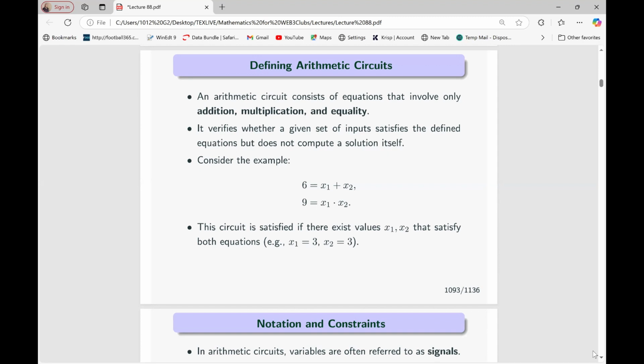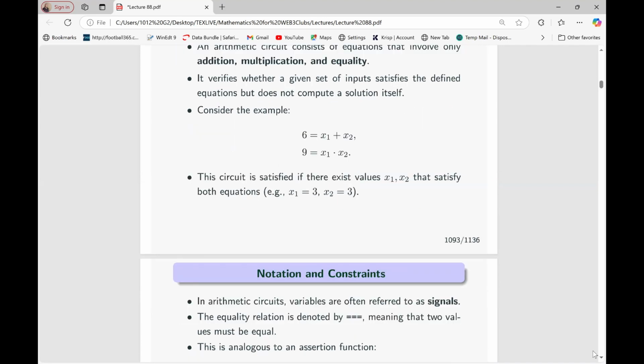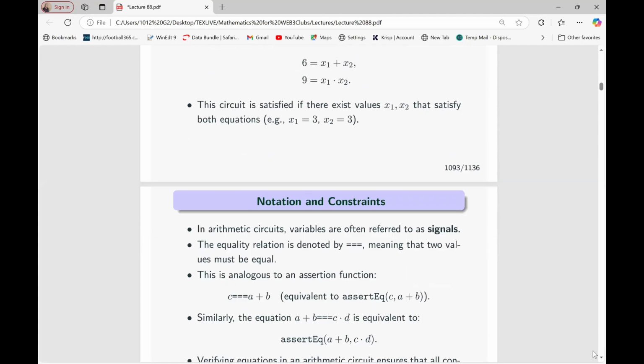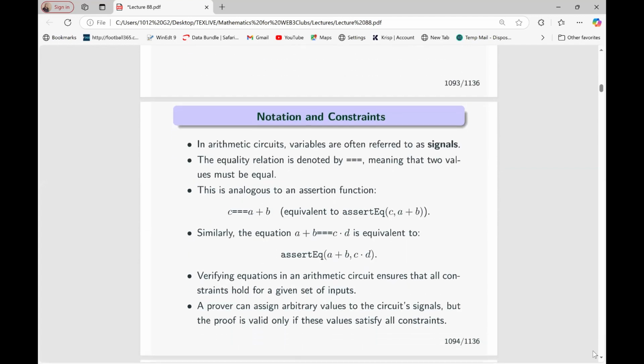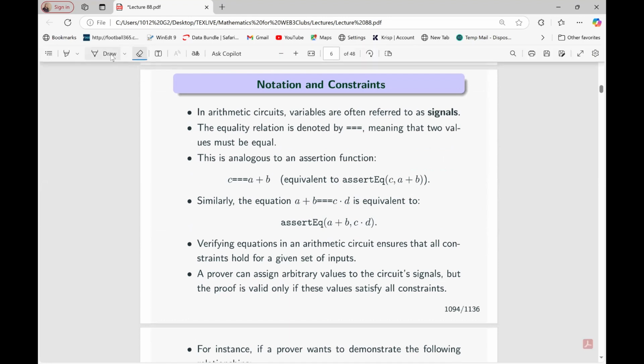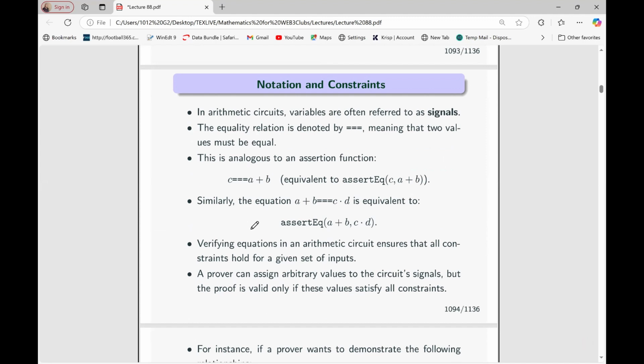Now, just before we learn how to write this arithmetic circuit, we need to know some notations and some constraints. In the previous equation, when we're writing in Rust like this, then instead of this equal sign, we'll be using that.